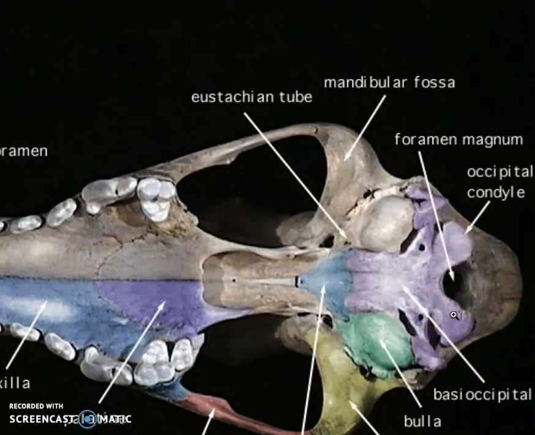This is a diagnostic feature of mammals, so only mammals have those two knobs. Reptiles, and presumably the proto-mammals that had a lot of reptilian characteristics, only have one occipital condyle. The significance of this has to do with movement of the cranium in relation to the neck.